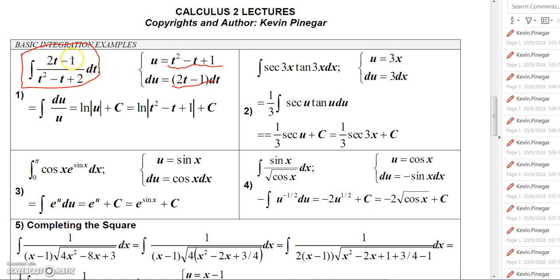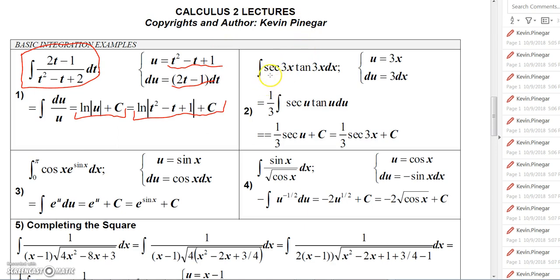The numerator, 2t minus 1 dt, is du, and then the denominator is going to be u. So when you integrate du over u, you get natural log of the absolute value of u plus a constant. And now we just replace u with our substitution. So we get natural log of the absolute value of t squared minus t plus 1 plus a constant.